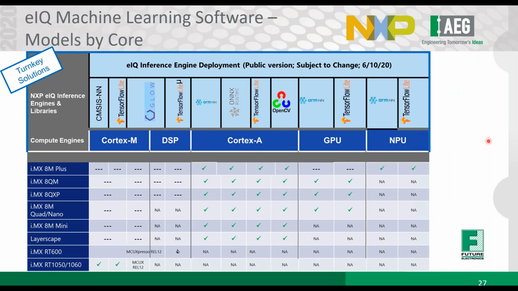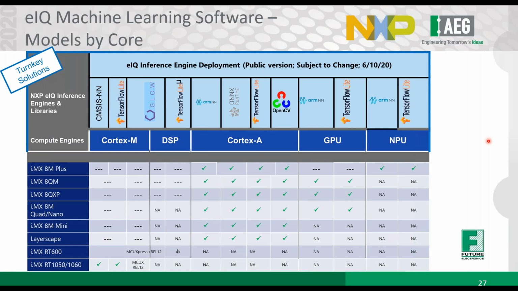And then from a machine learning software models perspective, this gives you a reference that's easy to look at for which devices we have, what different IP in terms of CPU cores or other IP you can take advantage of from an AI machine learning perspective that's available on those devices, and also what frameworks are supported on top of these devices as well.